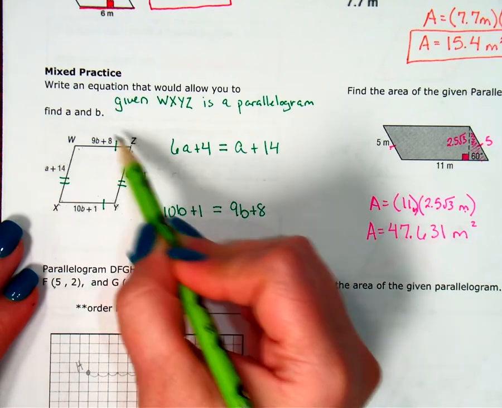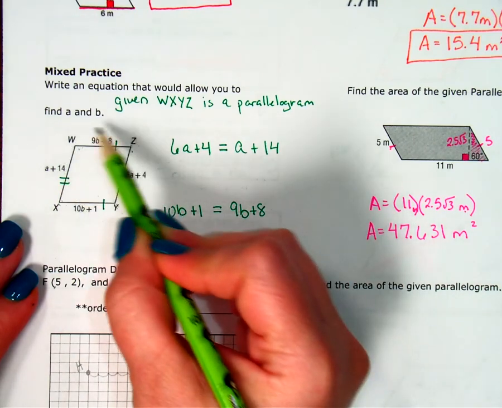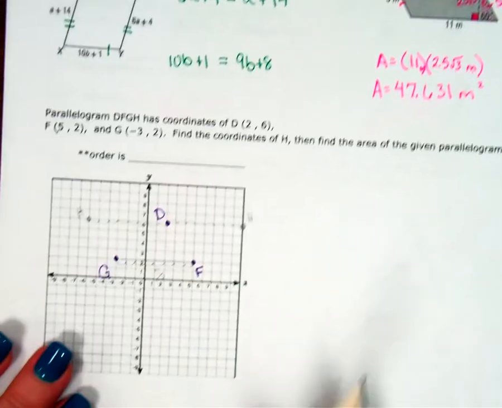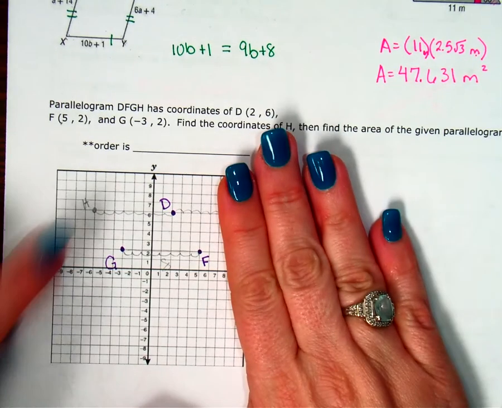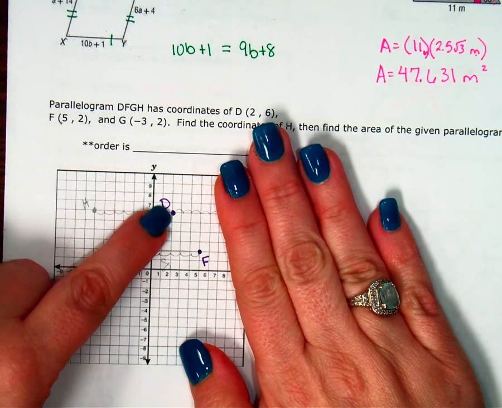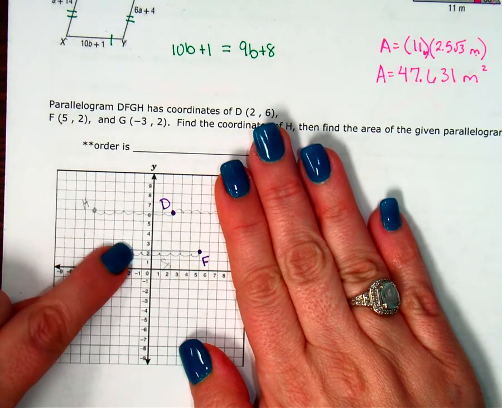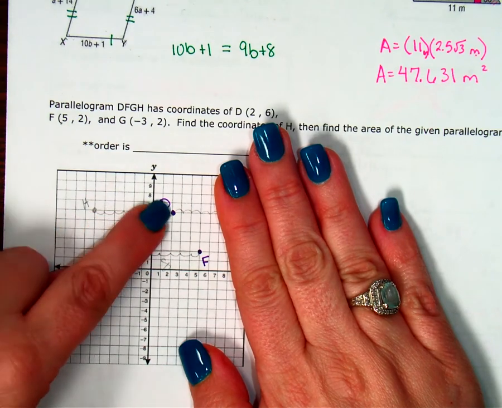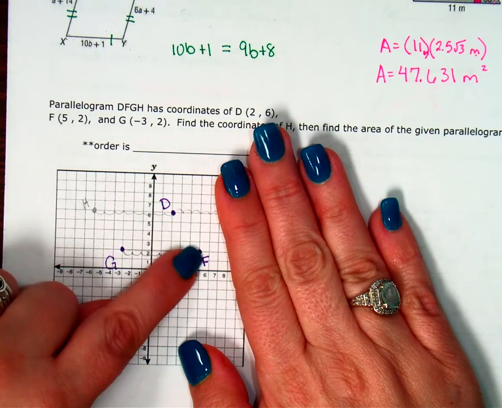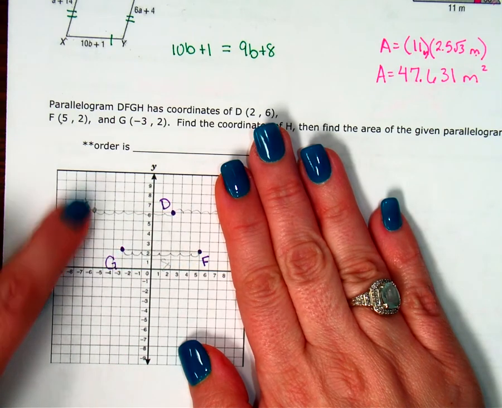We have to go around the figure, either counterclockwise or clockwise. So if I use this as my H, when I start at D: D, F, G, H. Notice how I'm going around the figure. That one is perfectly fine.